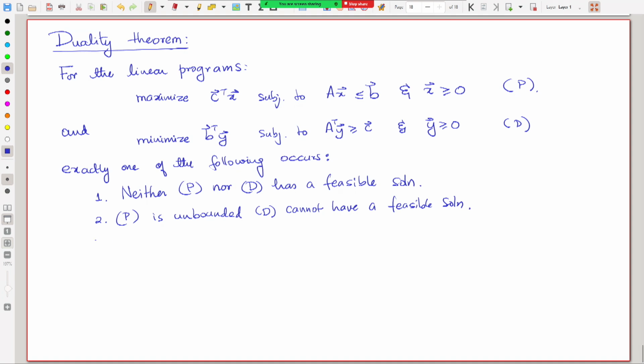And similarly, if P has no feasible solution, then D is unbounded.